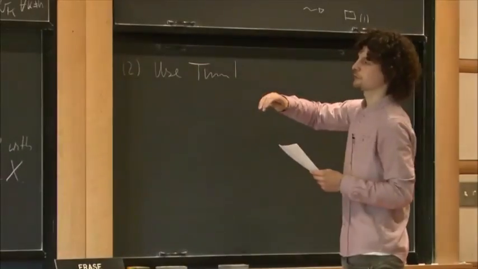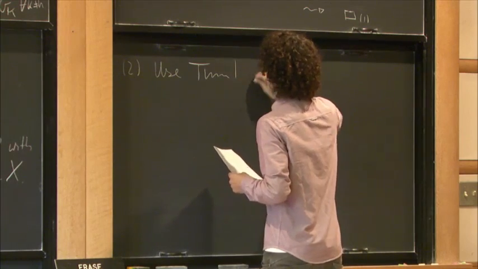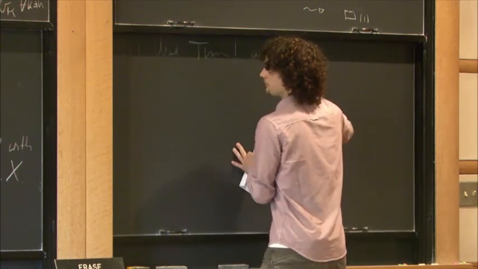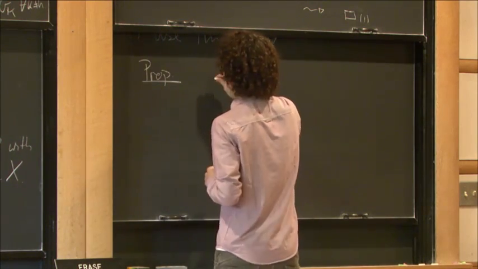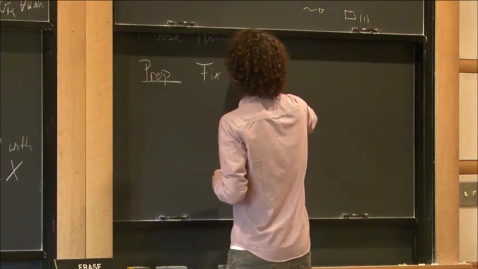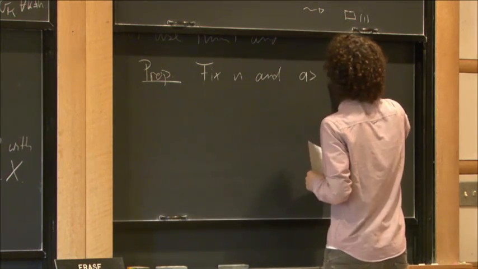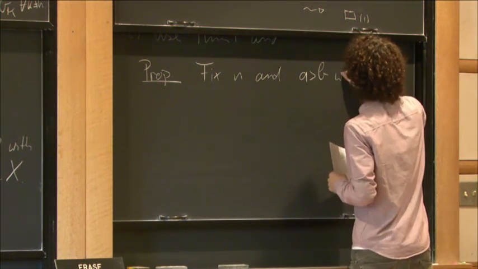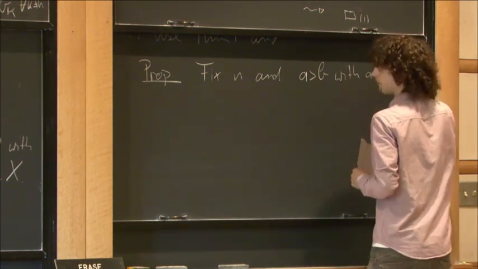Still, theorem 1 is good for everything which is below the middle dimension. Then we need a new example, and that's the following proposition. So fix the dimension n and A bigger than B, natural numbers whose sum is n.